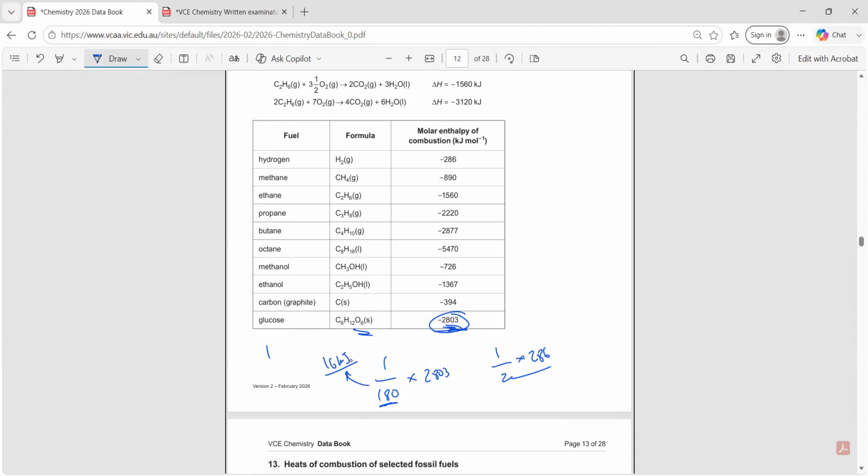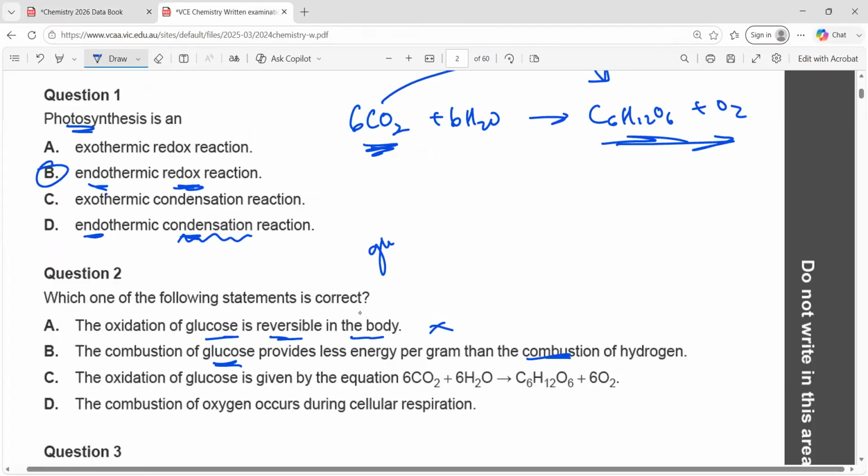And then 286 divided by 2 is 143 kilojoules per gram. So glucose provides less energy per gram than the combustion of hydrogen. That is true, which you wouldn't think, but because the molar mass of hydrogen is so low, it actually turns out to be okay.